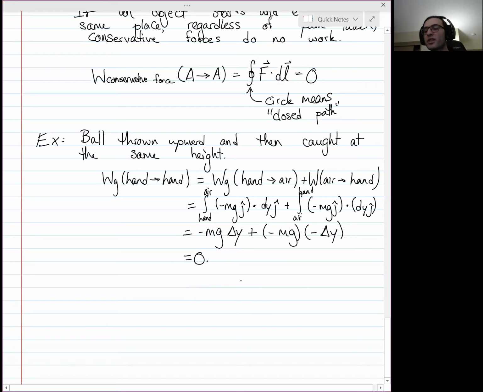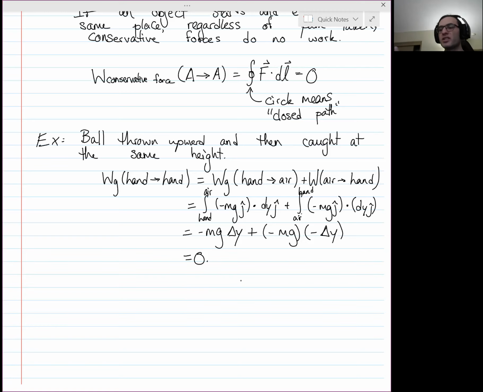Hopefully it's not so surprising that the work done by gravity, if you throw a ball up in the air, should be 0. And the reason it should be 0 is because it should have the same speed coming down as it had going up. And you all experience that. If you throw a ball up really high, you launched it with a very high speed, it'll hit your hand at a very high speed.